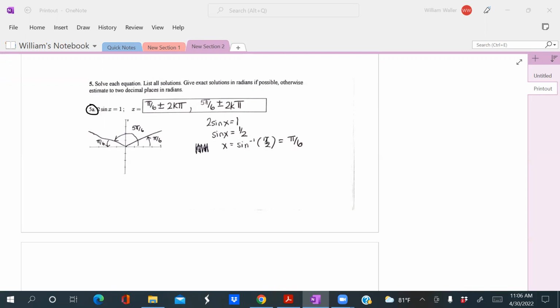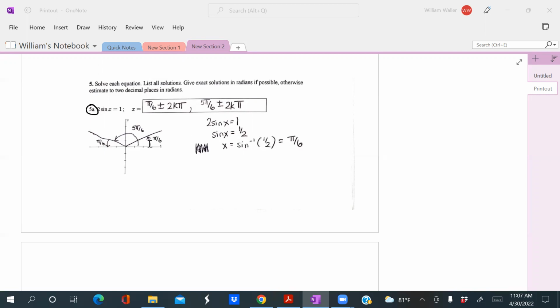So we know that sine inverse of 1/2 is pi over 6. Remember, when you apply sine inverse to a quantity, you're going to get an angle between minus pi over 2 and pi over 2. Pi over 6 is certainly in that range, correct?